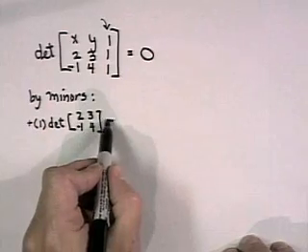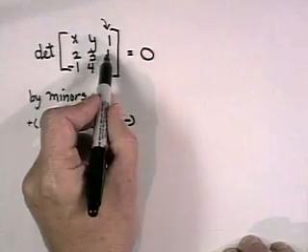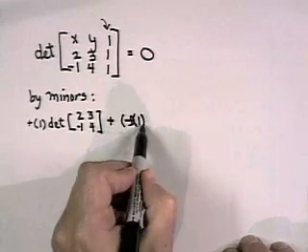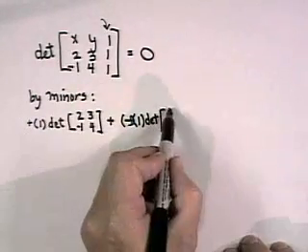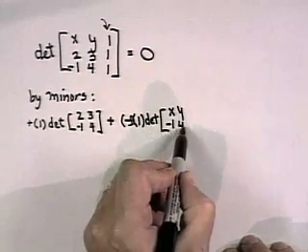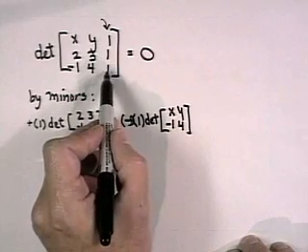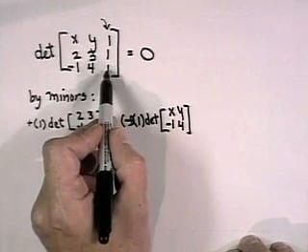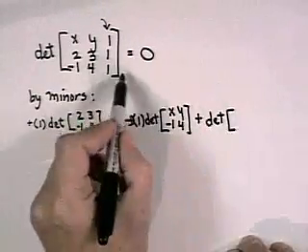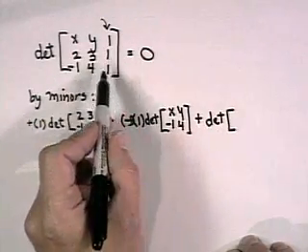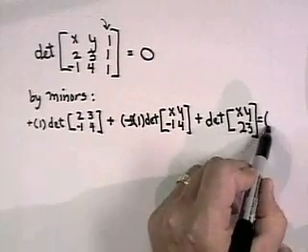Then we do negative 1 for the value of the array of signs, times 1, times the determinant formed by crossing out the middle row in the last column. That would give us x, y, and negative 1, 4. And then finally we have the array of signs value is positive times positive 1 will just give us 1 times the determinant of bottom row and last column. Crossed out would give you x, y, 2, 3, and all that equal to 0.